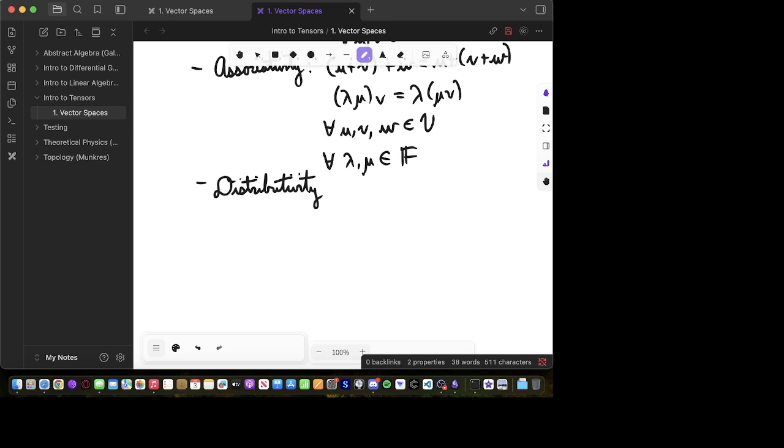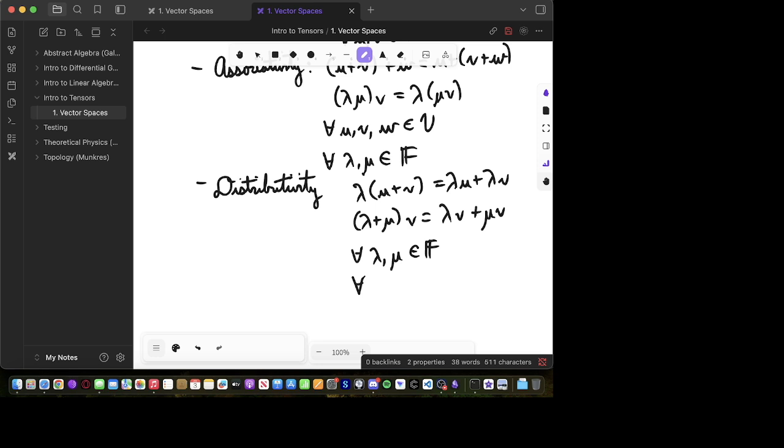So we also have distributivity. So we have that lambda times (u plus v) equals lambda u plus lambda v, and (lambda plus mu) times v equals lambda times v plus mu times v for all lambda, mu in F, and for all u and v in V.